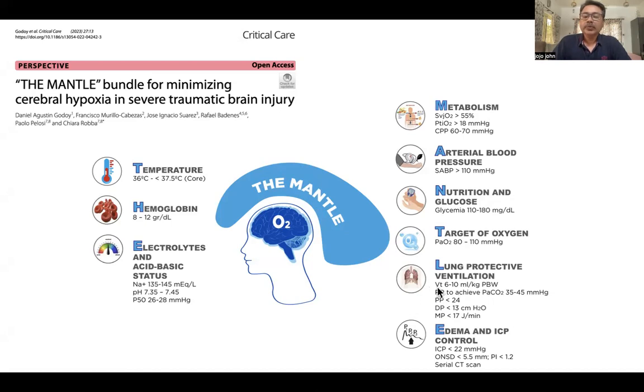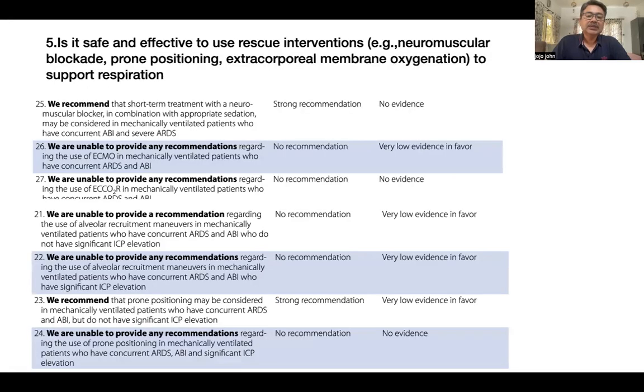So you provide lung protective ventilation at tidal volumes of 6 to 10 ml per kilogram of predicted body weight, a lowest respiratory rate to achieve a carbon dioxide of 35 to 45, a plateau of less than 24, a driving pressure less than 13, and a mechanical power less than 17 joules. So this is the recommendation for lung protective ventilation.